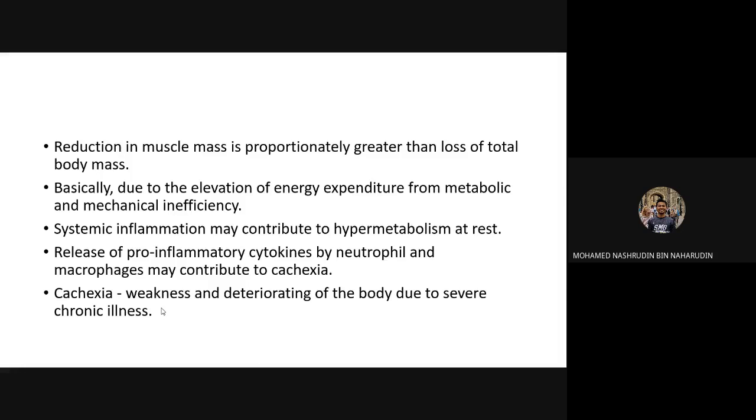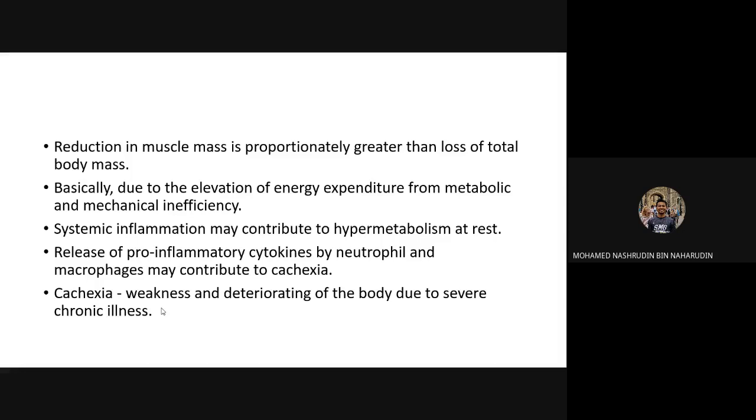So the reduction in muscle mass is proportionately greater than the loss of total body mass. For those infected by COPD, the muscle mass reduces, although the reason why this is happening is still unanswered.